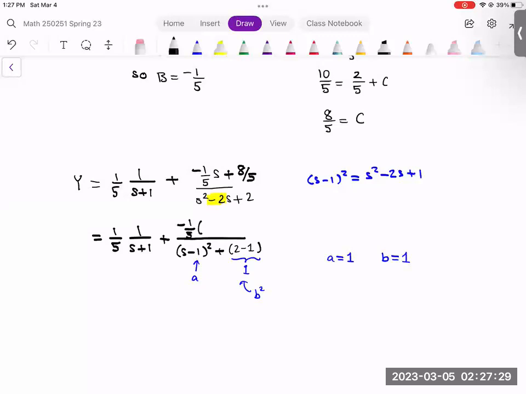So we're going to write -1/5 (s minus 1). If we were to multiply this out, notice -1/5 times -1 gives us plus a fifth. So we're just going to subtract off an extra fifth so we don't change the value of our numerator.